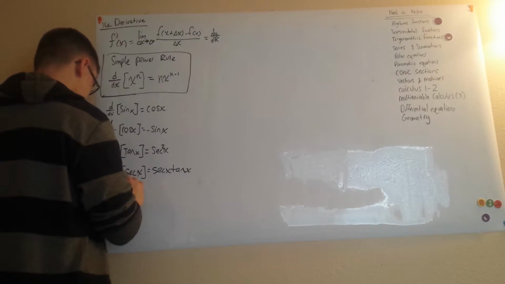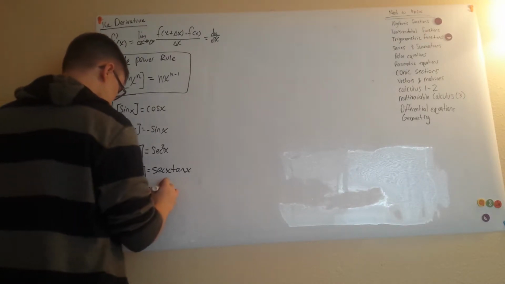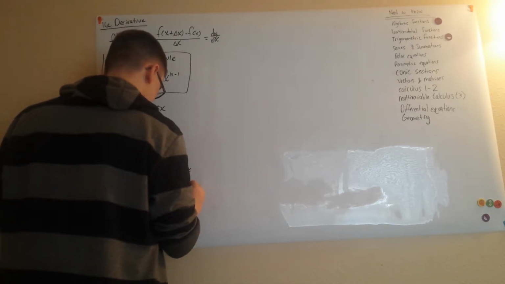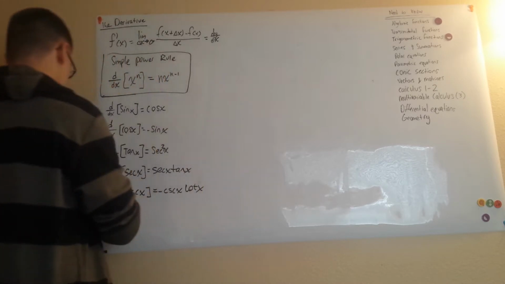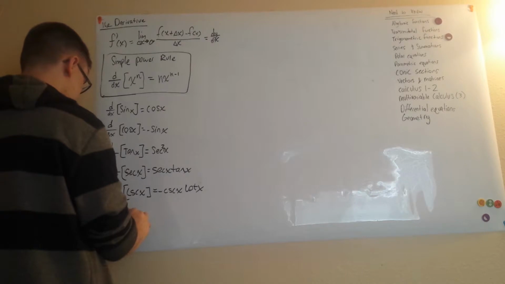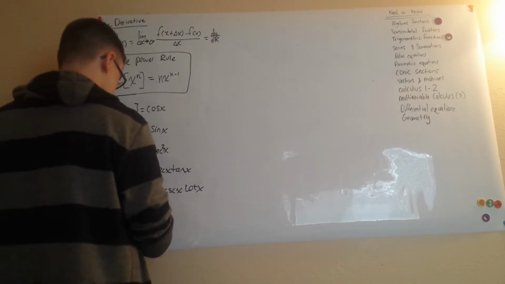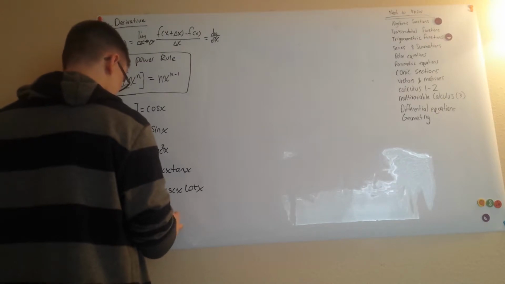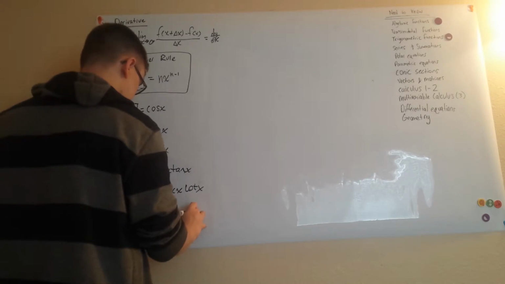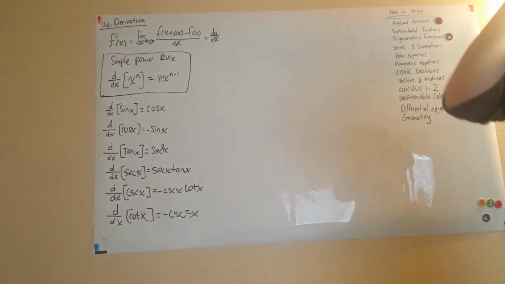The derivative of cosecant x equals negative cosecant x cotangent x. And finally, the derivative of cotangent x is negative cosecant squared x.